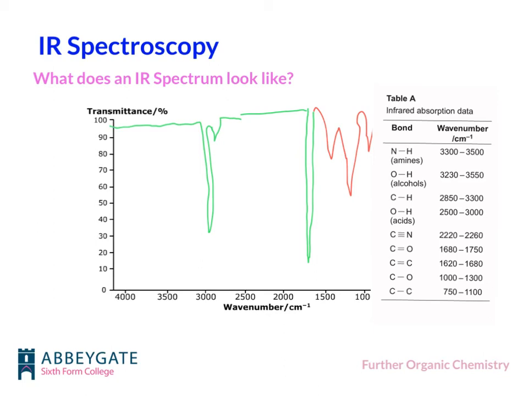And I've got a peak around 1,700, so I must have a carbonyl, so I've either got an aldehyde or a ketone. I definitely haven't got the broad OH peak, so it's not a carboxylic acid. If I just had the broad OH peak and I didn't have the 1,700, then I'd know I was looking at an alcohol. Okay, let's have a look in the next few slides at some spectra, and you guys can have a practice at doing this.